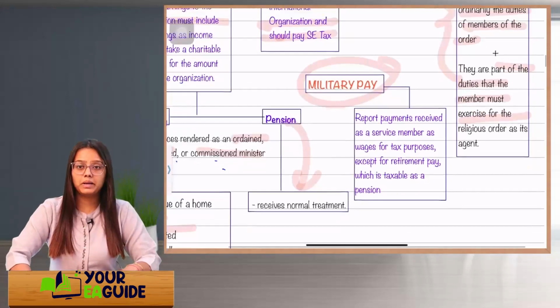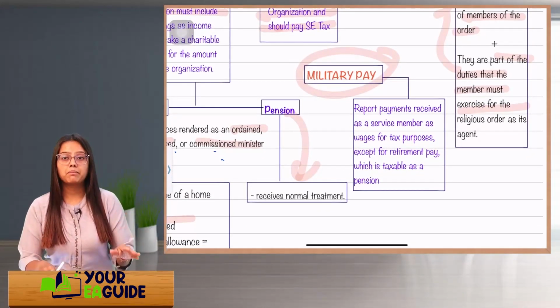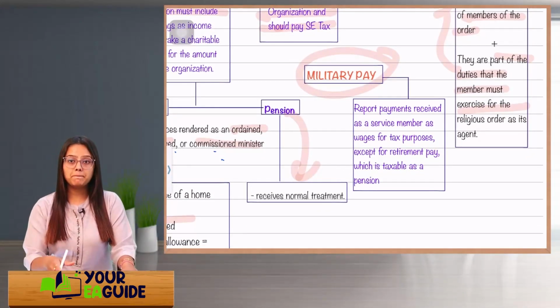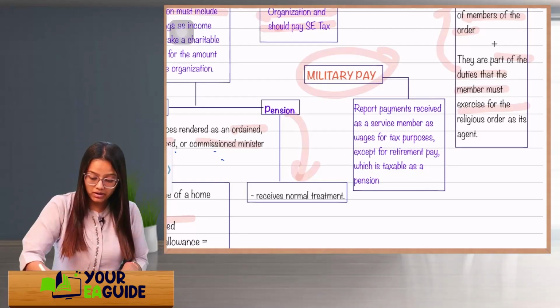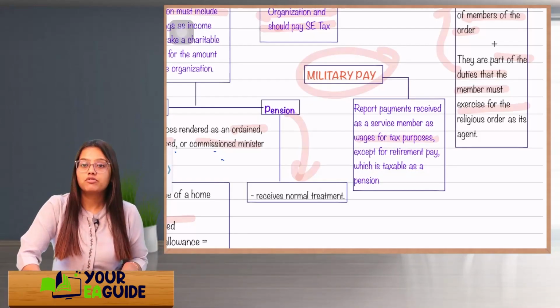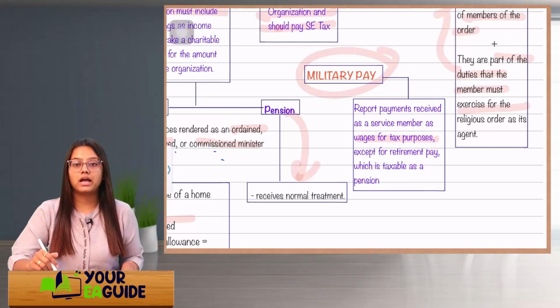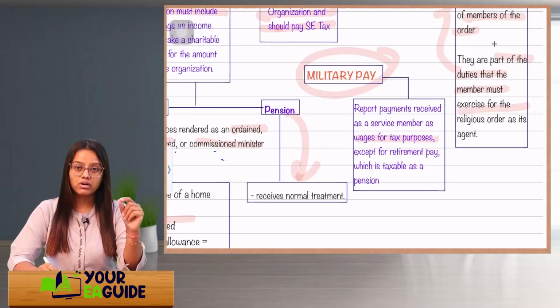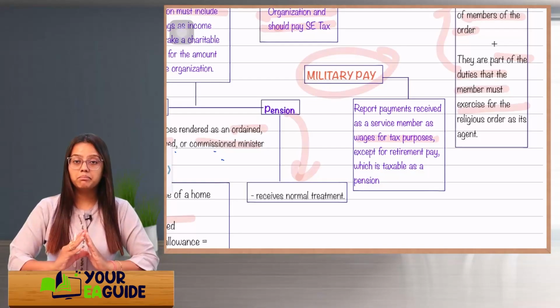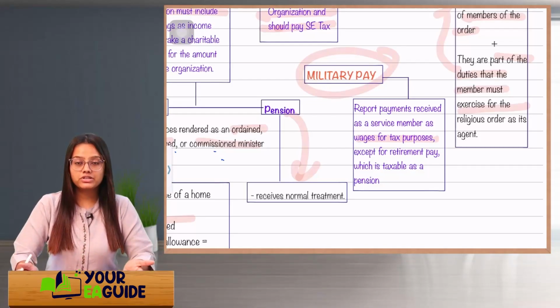Next is military pay. You are going to report the payment received as a service member as wages for tax purposes, except for the retirement pay. If you receive any wages because you are a military member, wages will receive a normal treatment.